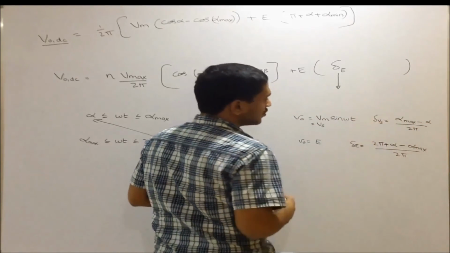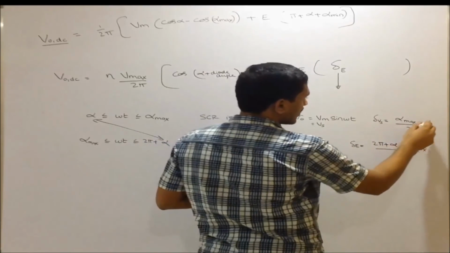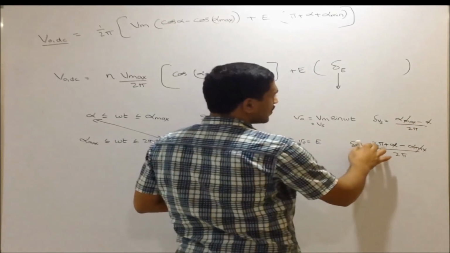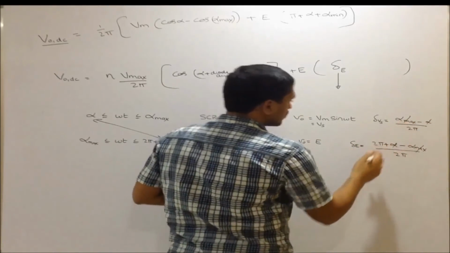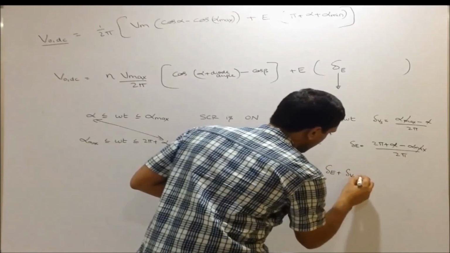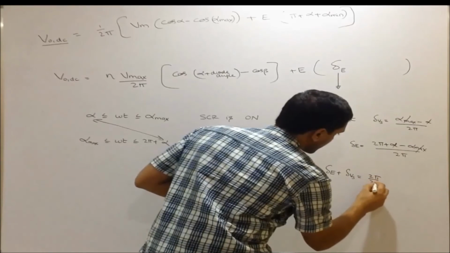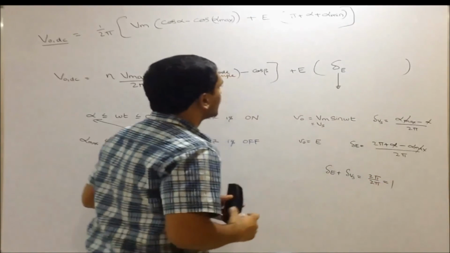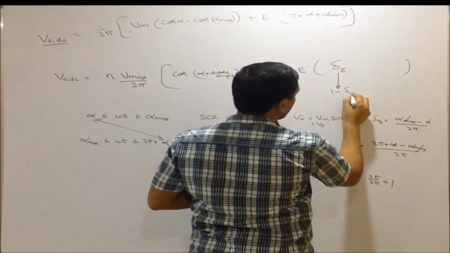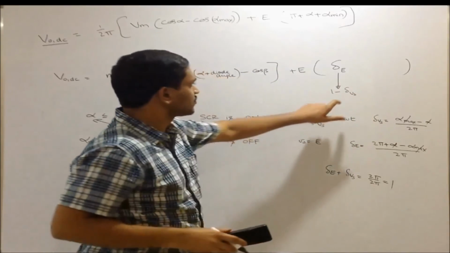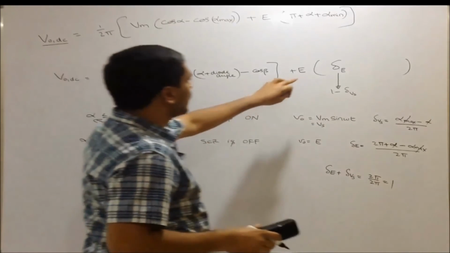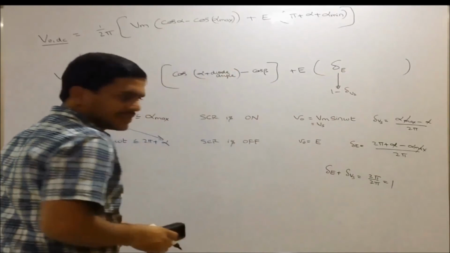Now you add these two. Here alpha cancels and alpha max cancels. 2 pi plus 0, how much? 2 pi. So I get delta E plus delta Vs equal to 2 pi by 2 pi, which is equal to 1. So I write delta E as 1 minus delta Vs. This is very simple.